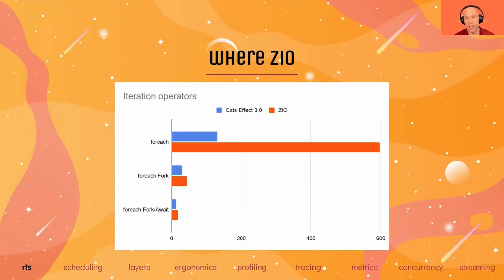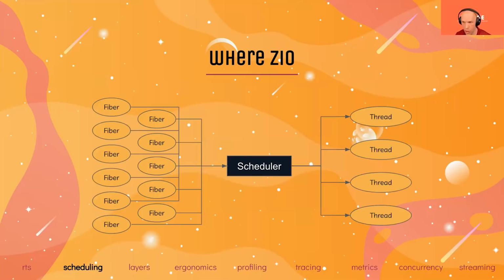Iteration is a big priority in 2.0, making the iteration operators, both the sequential versions and the parallel versions, really fast. And so a ton of effort's gone into optimizing those. In addition, one of the areas where fiber-based effect systems can innovate, and where ZIO 2.0 is innovating, thanks to the work of Adam Fraser, is in a scheduler that is fiber aware.